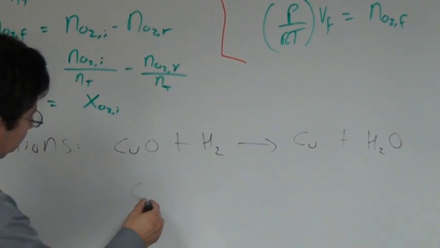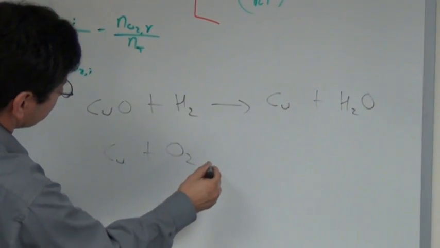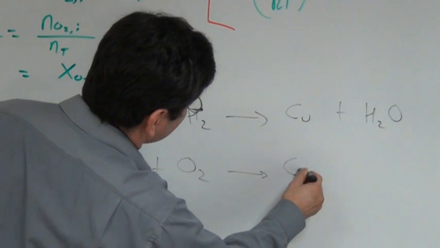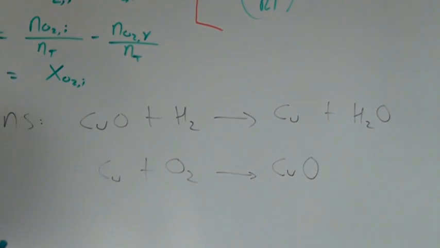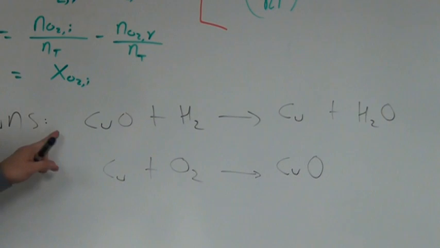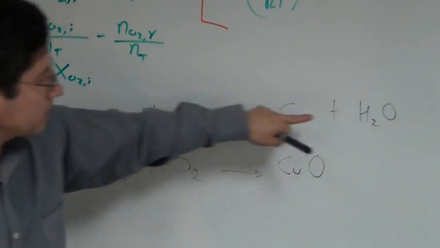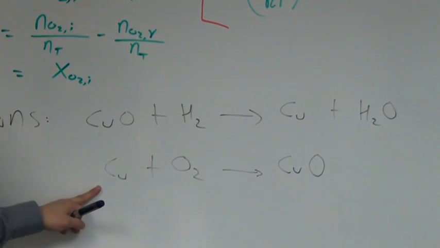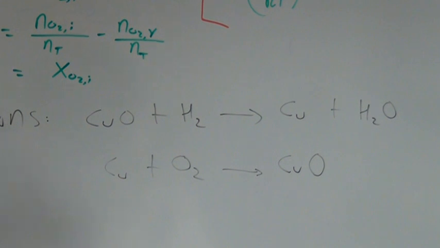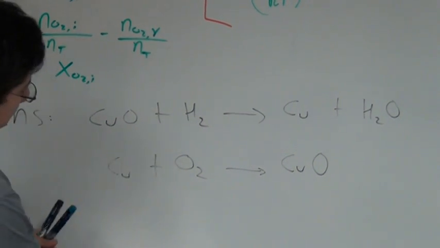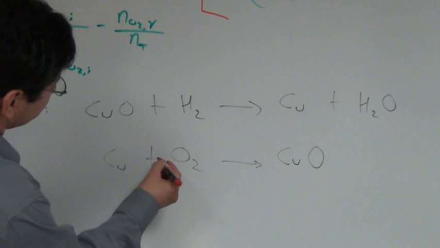The copper that is formed will react with oxygen to form copper oxide. Now let's take a look at the stoichiometry. This equation is already balanced, but this one is not. To balance this equation, you can just use a half factor here.